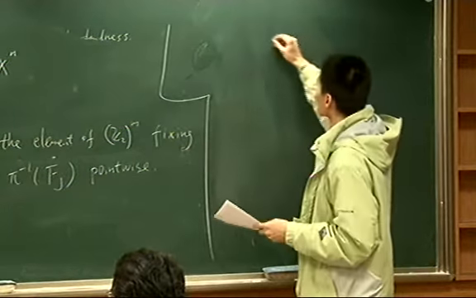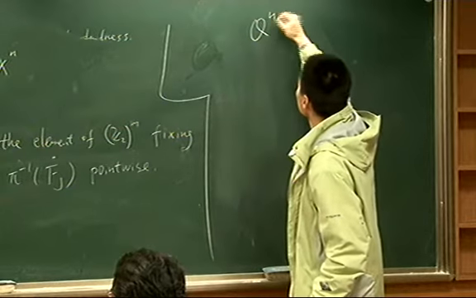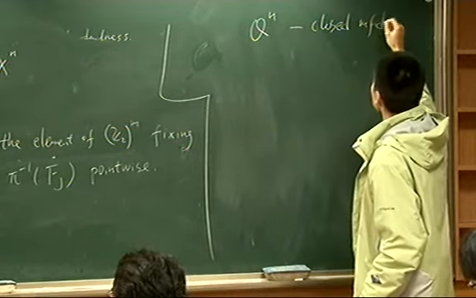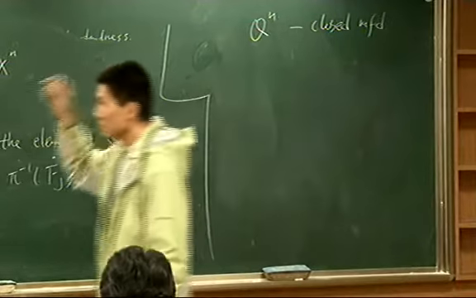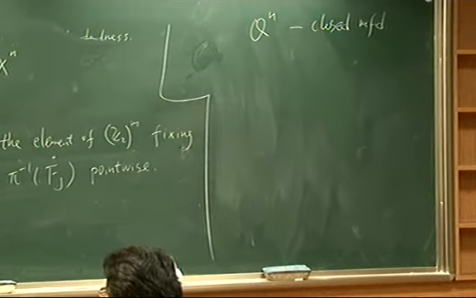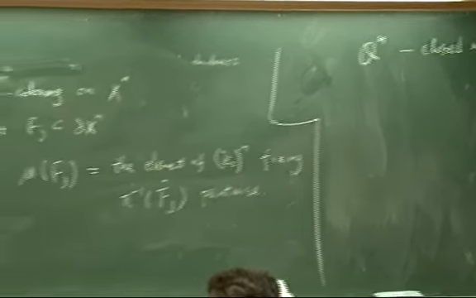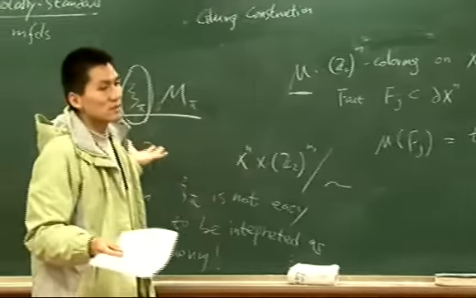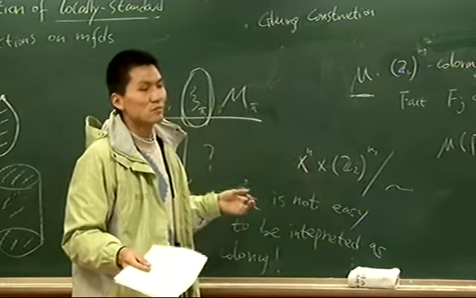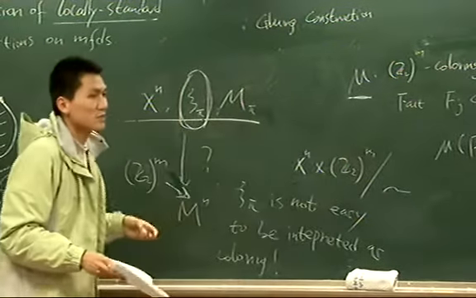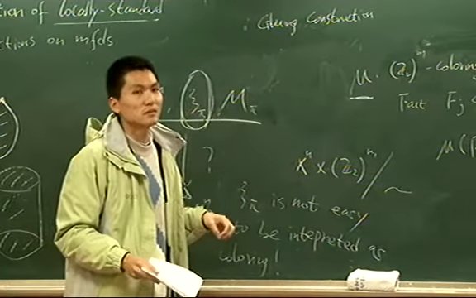So first, let's assume Xn is a closed manifold. In our definition, when Xn has no boundary, this action is totally free. It is just a regular Z2^m covering space over Xn.